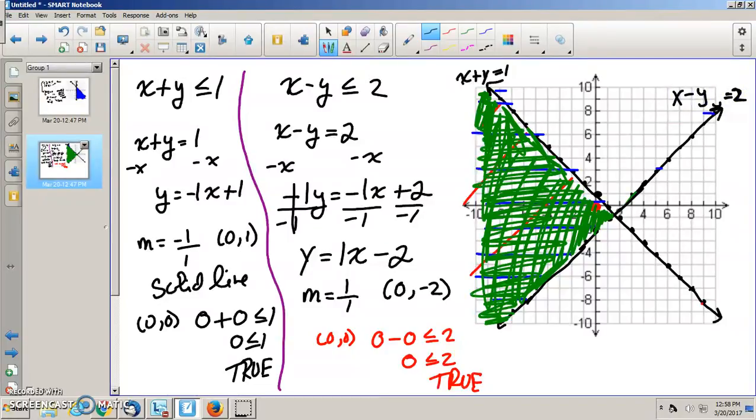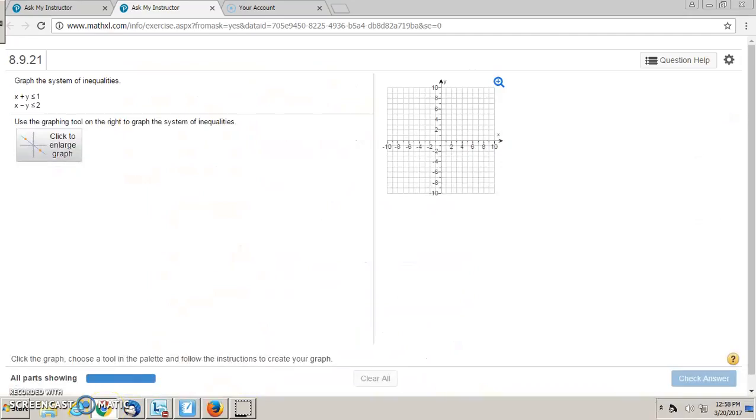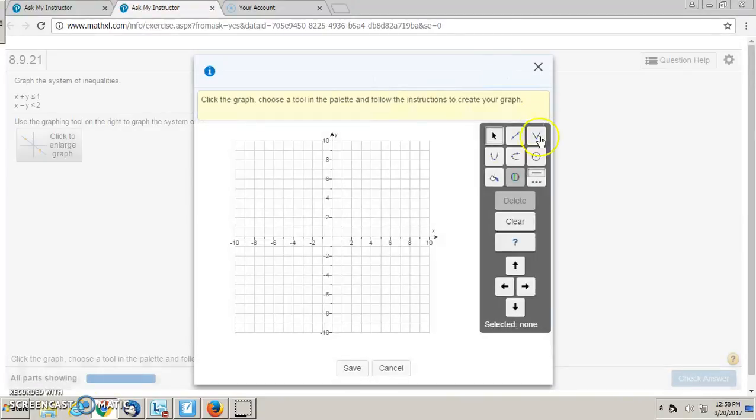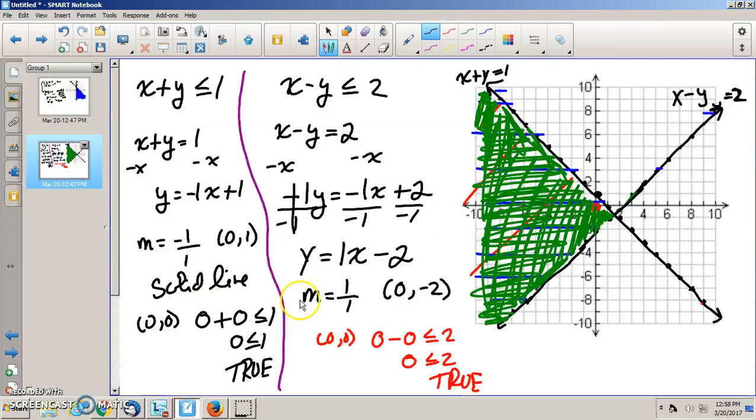So let's go ahead and graph these two lines on MyLabs Plus. First, it's y equals negative 1x plus 1. Solid line. First point at 1, down 1, right 1. Okay. Next is 1x minus 2.